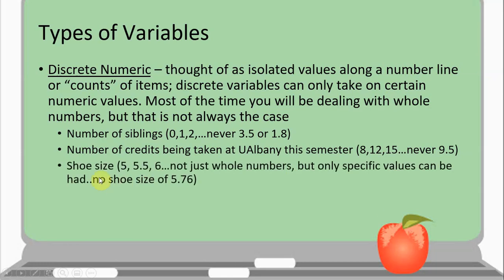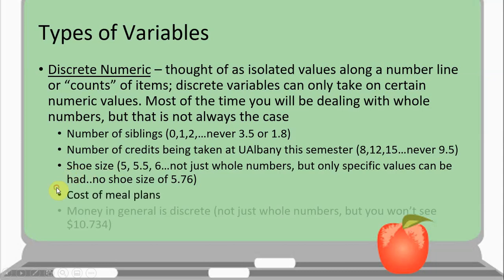Shoe size is an example where it's not just whole numbers that are discrete, but there's only specific values that can be taken on. Someone might have a shoe size of 5 or 5.5 or 6 or 6.5 or 7. Nobody's going to have a shoe size of 5.76 though. That's a value between 5 and 6 that is just never going to be touched. Only specific numbers can be hit. These are examples of discrete.